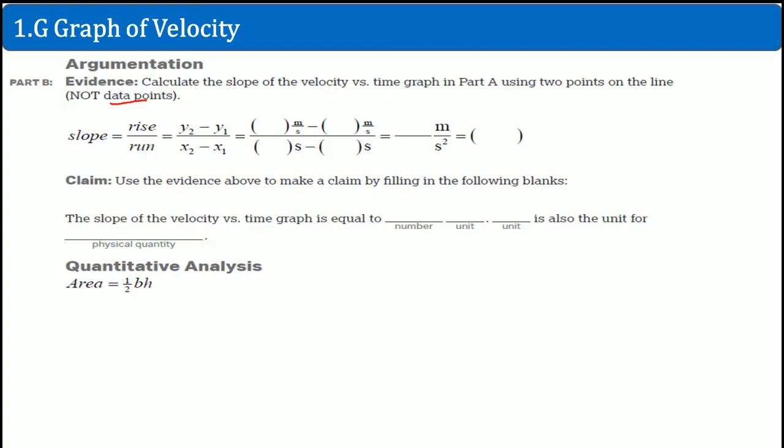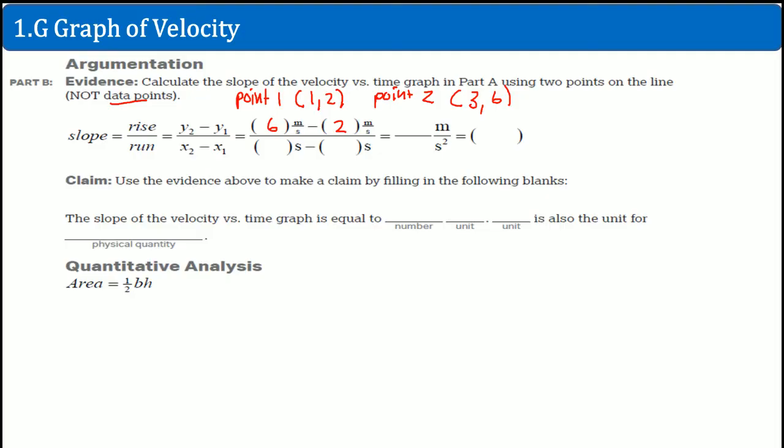Point 1 is going to be 1, 2, and point 2 is going to be 3, 6. So this is the second y, which is 6, minus the first y value, which is 2.